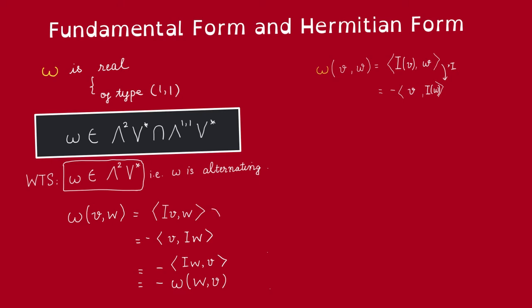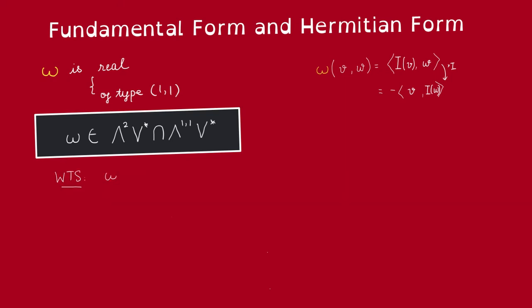Here again, we get from the first step to the second step by applying I, and from the second step to the third step, we're just using the symmetry of the scalar product. Alright, so this shows that omega is alternating, and so it must lie inside this space.